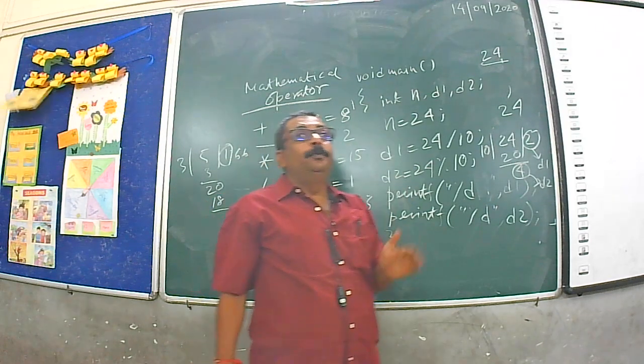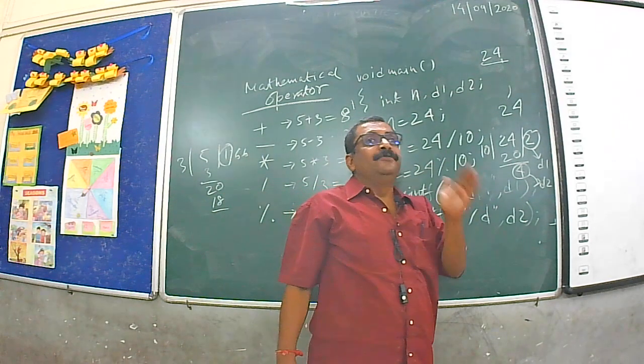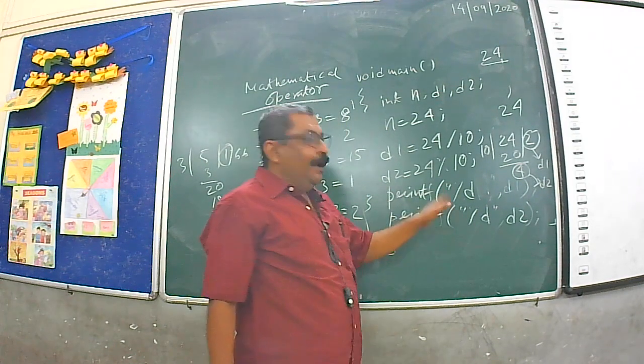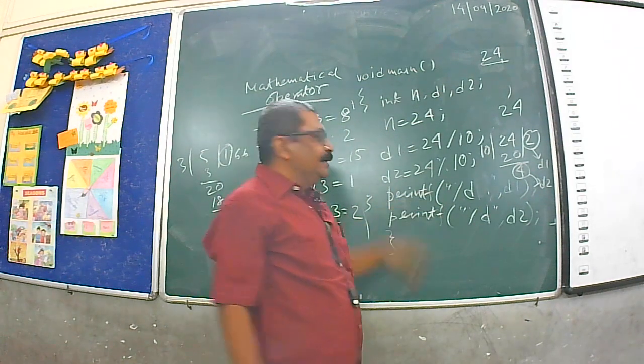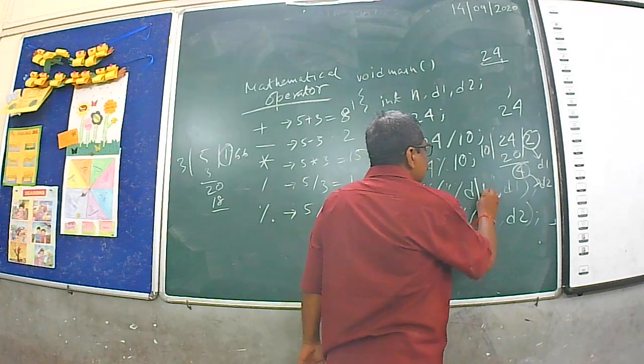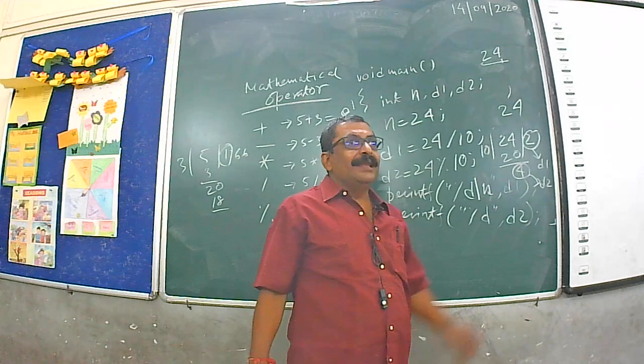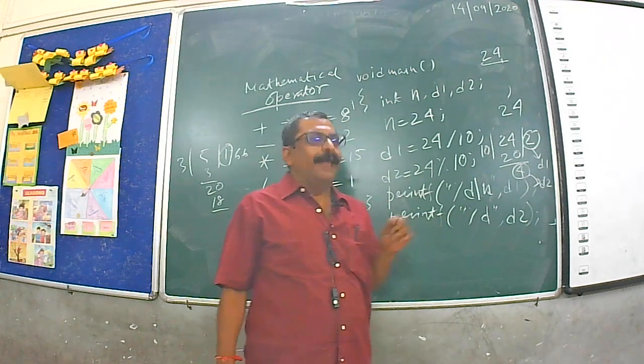If you want to print 2 and 4 on different lines, what to do? Here printf("%d\n"). Backslash n is a line feed or new line.